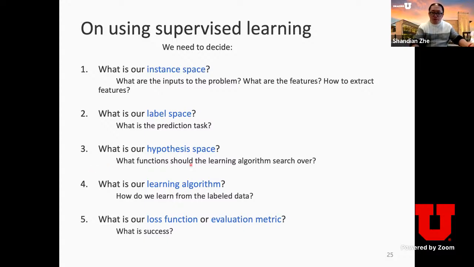In other words, what functions should your learning algorithm search over? And what is the specific learning algorithm? We'll discuss a variety of learning algorithms which are associated with different hypothesis spaces. And then how do you evaluate the success of learning? That refers to the definition of loss function and evaluation metric, and we'll discuss them as well.